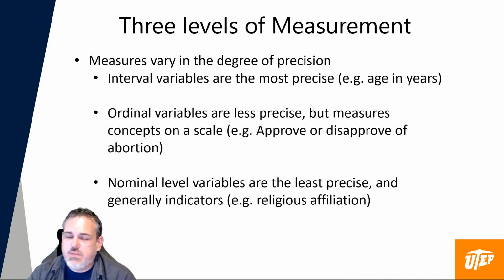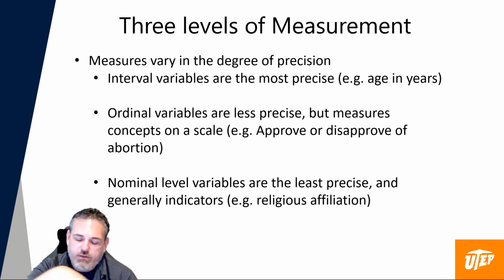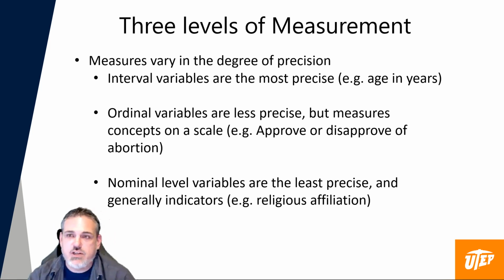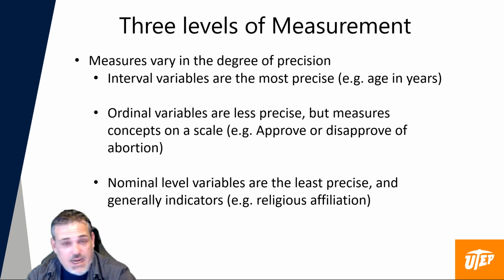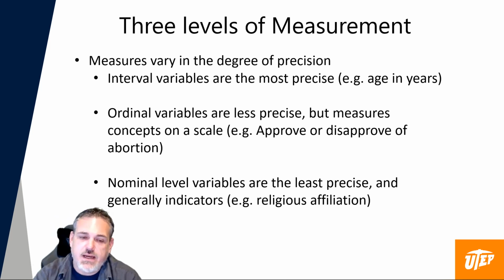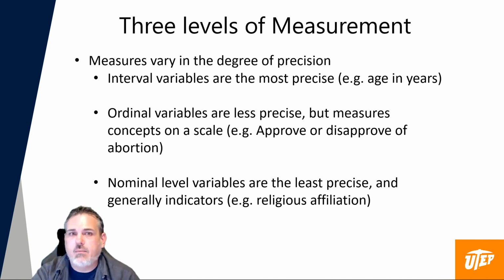Another example would be religious affiliation. Catholic versus Baptist versus Muslim versus Jewish. None of those people who identify as being of that religious affiliation are, by definition, any more religious than someone else. We're simply identifying, indicating a concept.